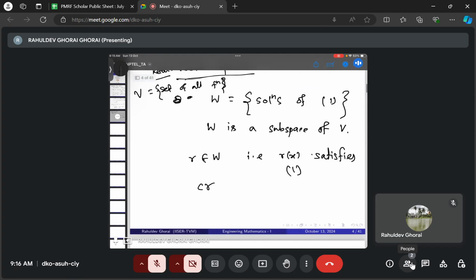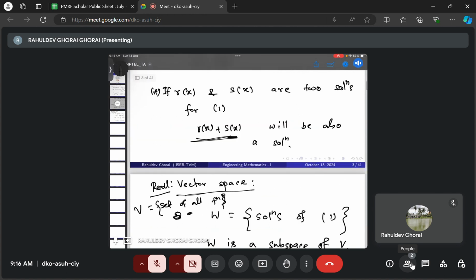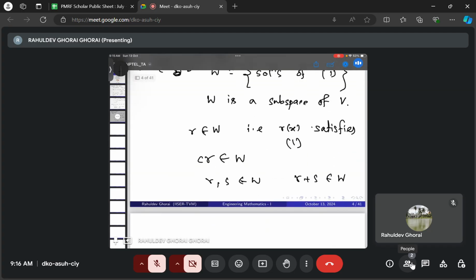And then Cr will also belong to W because Cr satisfies it. So that's how we can show that if R and S belong to W, then R plus S also belongs to W. That's what we showed already. So that's how W is a vector subspace, or vector space also.